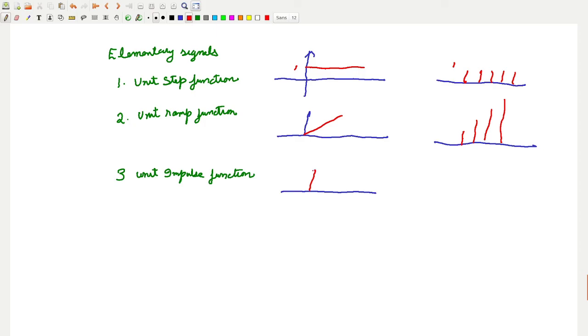It's a spike at the 0th position, at the point 0. Similar to that, the discrete counterpart is also like this: at 0 you will have a 1. Sorry, I'll change the color and draw. At 0 you are having 1.